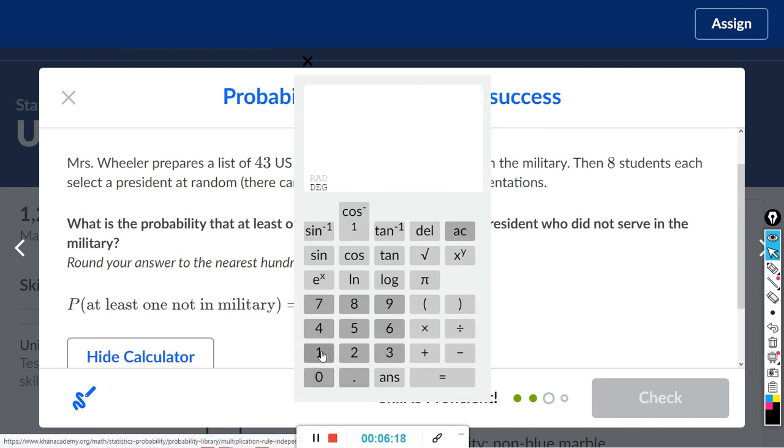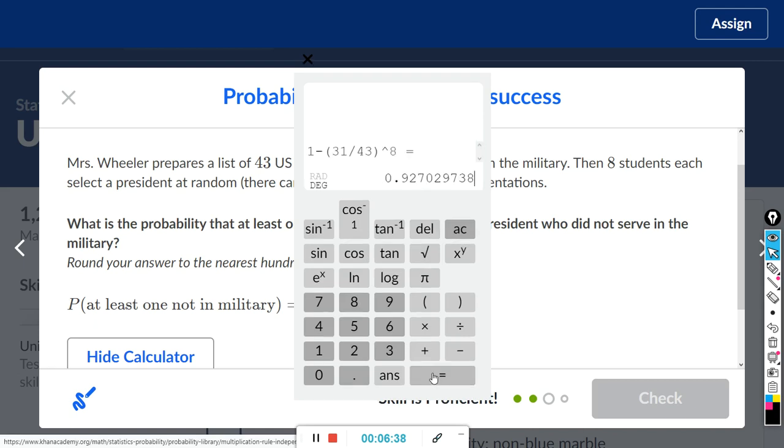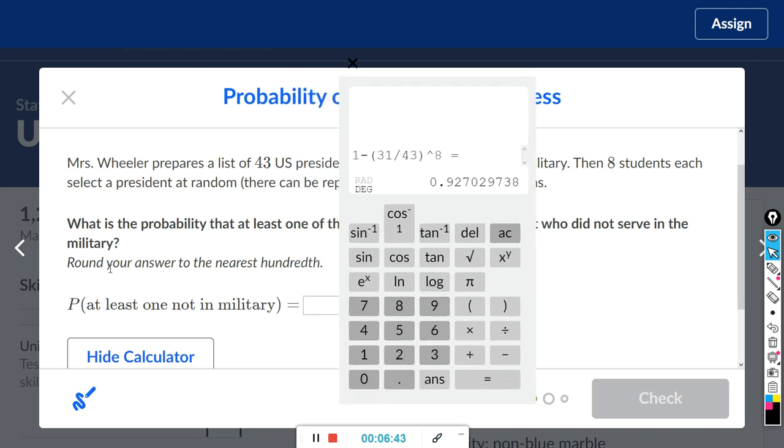So on the calculator, 1 minus, and use parentheses, 31 divided by 43, close the parentheses, and that gets raised to the 8th power. So you see that? 1 minus 31 over 43 to the 8th power. I hit equals. It's a big decimal. Okay, but you can see here it says round to the nearest hundredth.